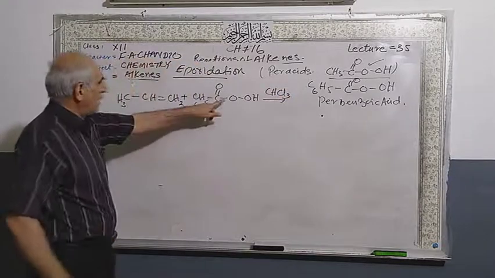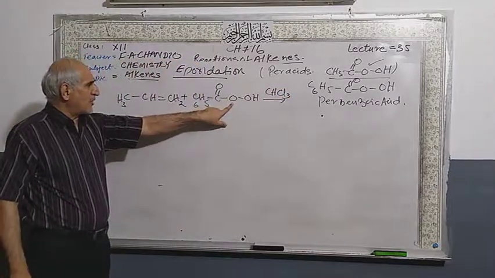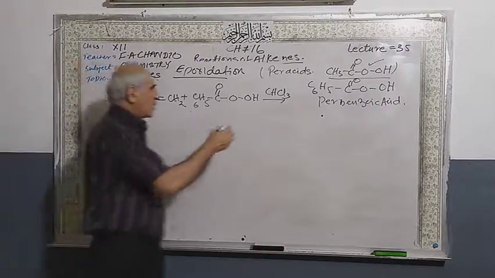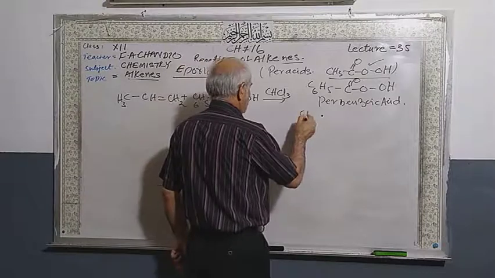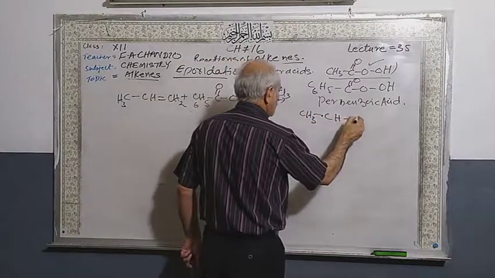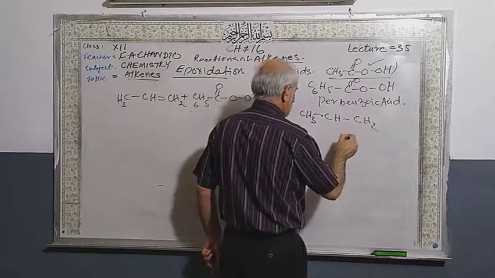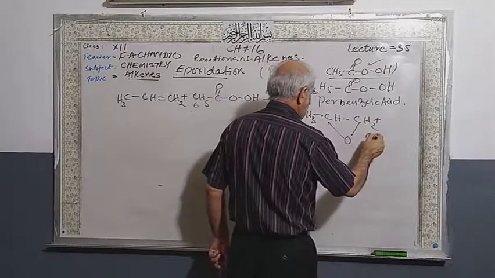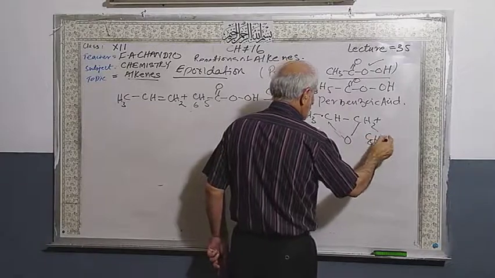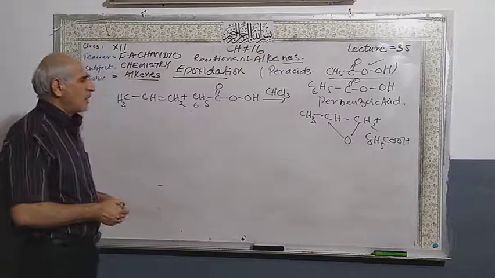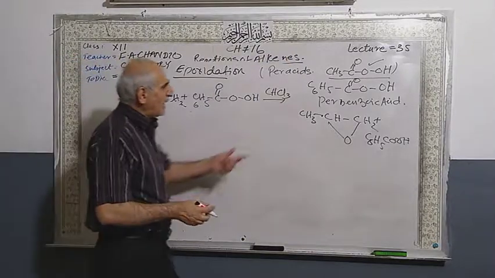So this one extra oxygen, which we call per, attaches to these two carbon atoms to give an epoxide. Benzoic acid is going to be formed. So this is called propylene epoxide.